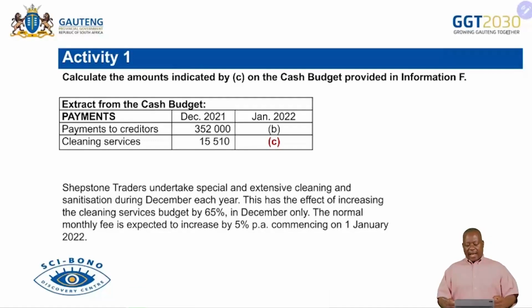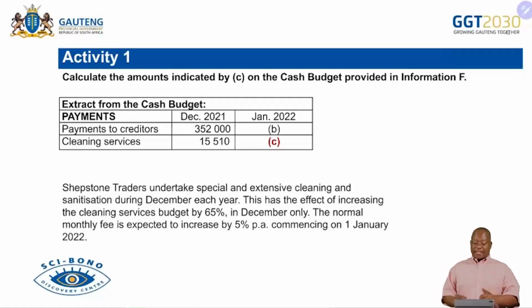This has the effect of increasing the cleaning services budget by 65% in December only. So it means our December cleaning services expense is very high. Why? Because there is this activity that we always undertake in December only.